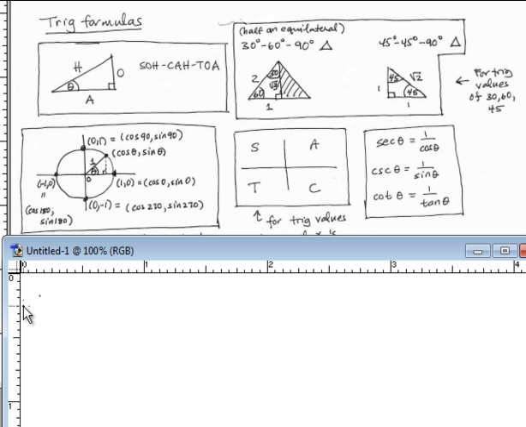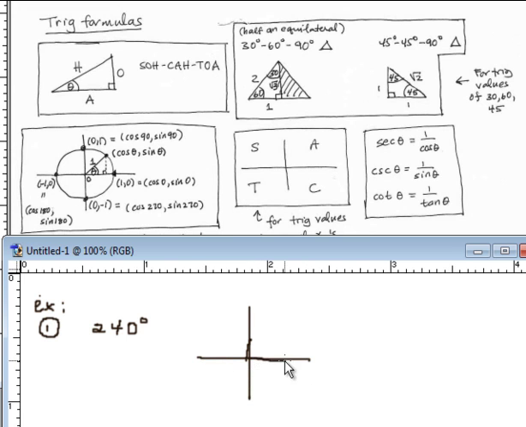Let's say, as our first example, I want you to find the trig values of 240 degrees. So what we do is we take 240 degrees and place it in standard position.